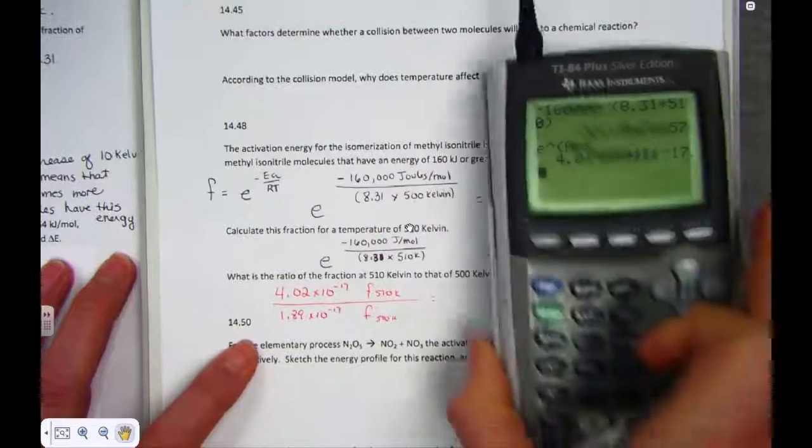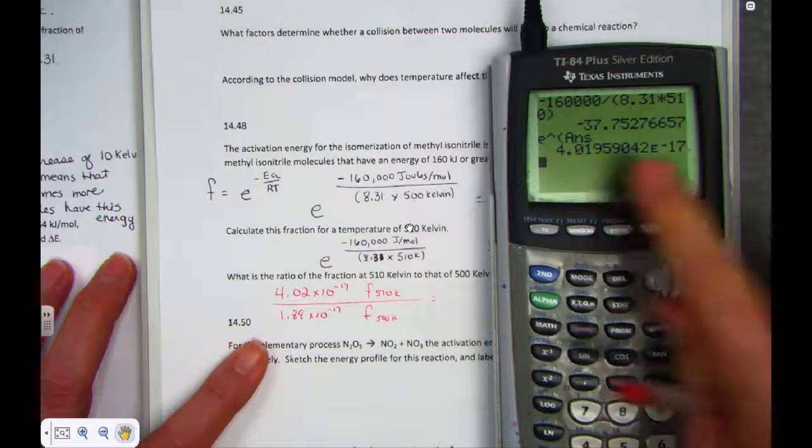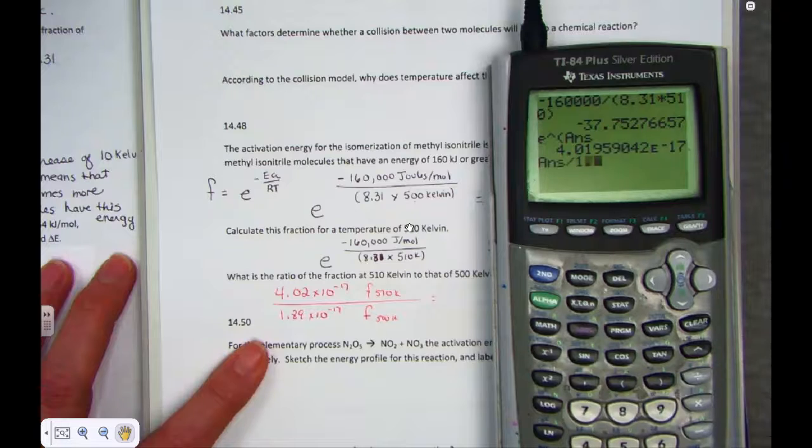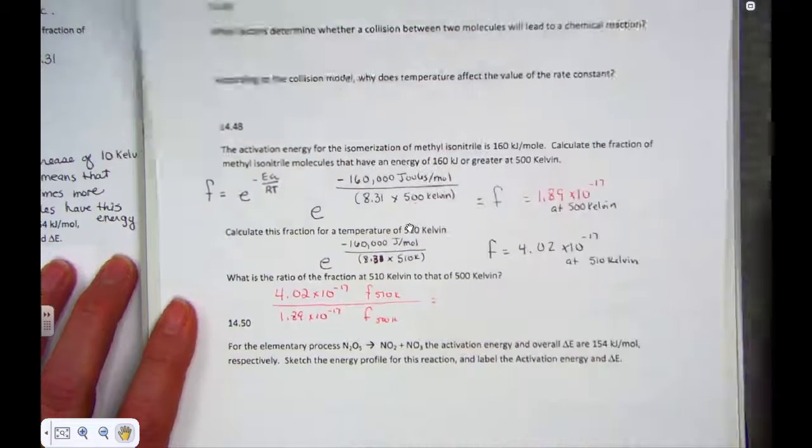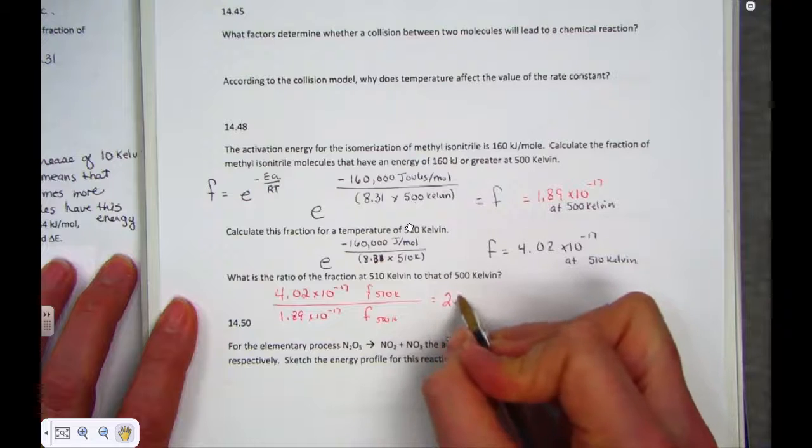What is that ratio? Well, I already have that value on my screen, so I'll just divide by 1.89 E negative 17, and we get a number: 2.13. What does that mean to us?